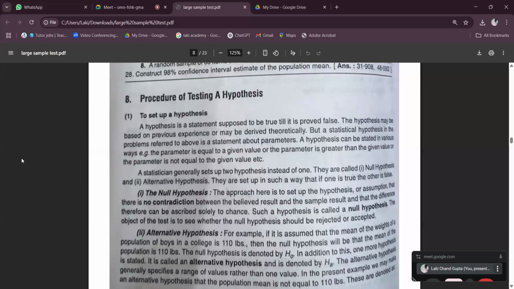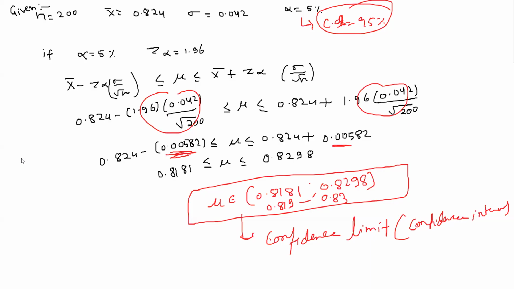Confidence interval is also called central limit theorem. Very important. So this formula is also called central limit theorem. What is central limit theorem?